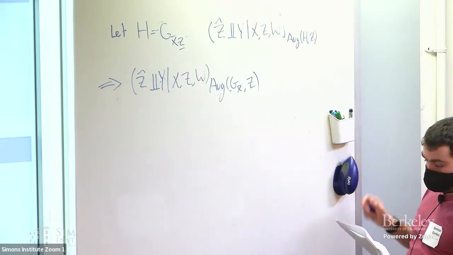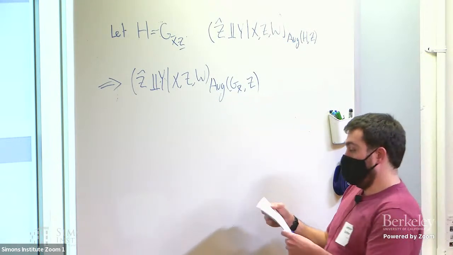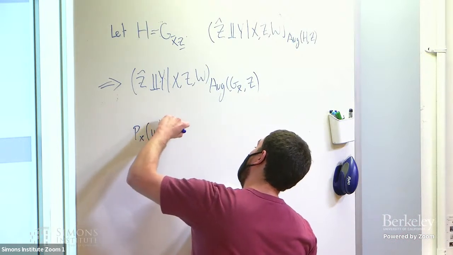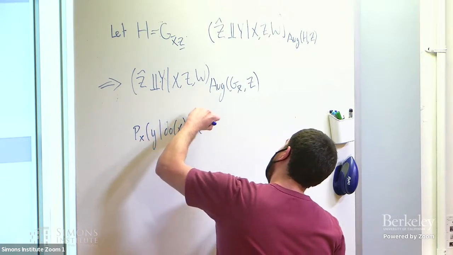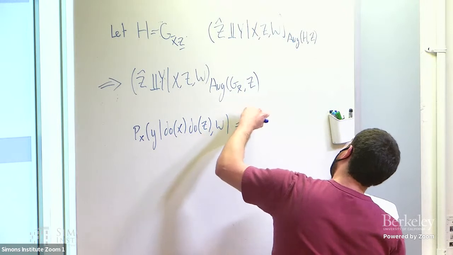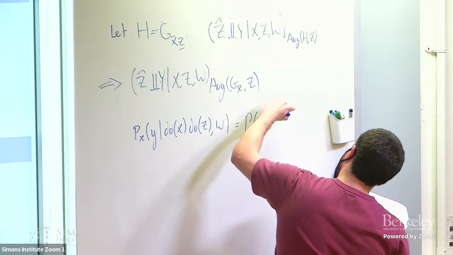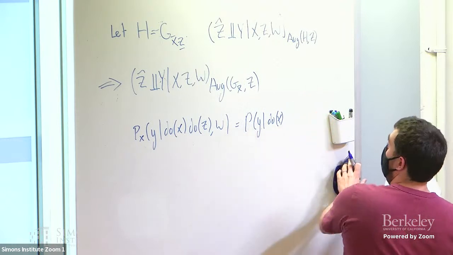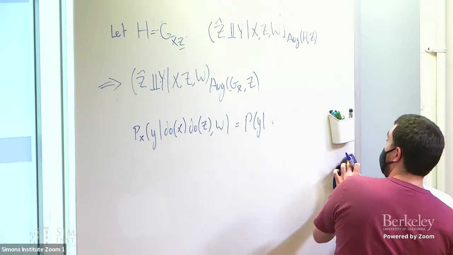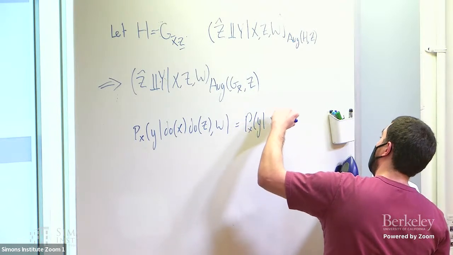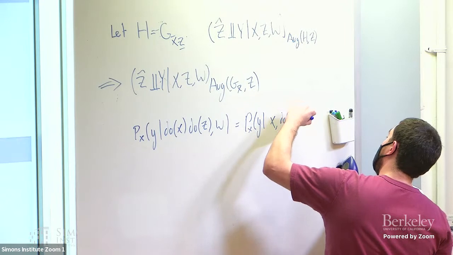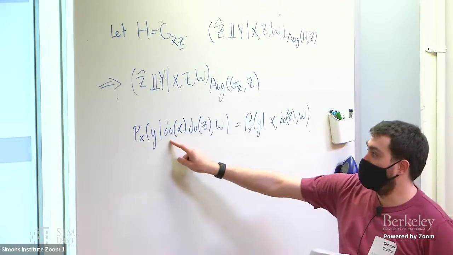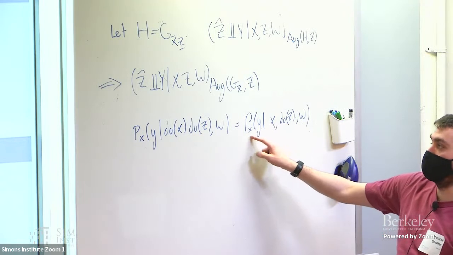And now we just use this deseparation. So we write, well, I claim that replacing the do here with an X is equivalent if we're already working in the interventional distribution.